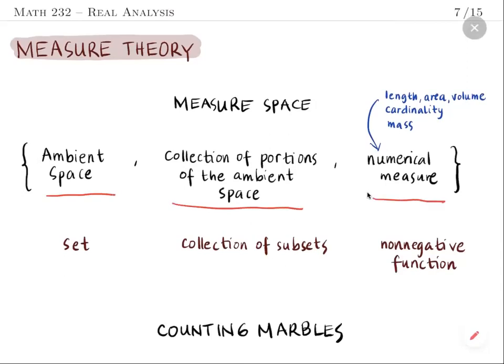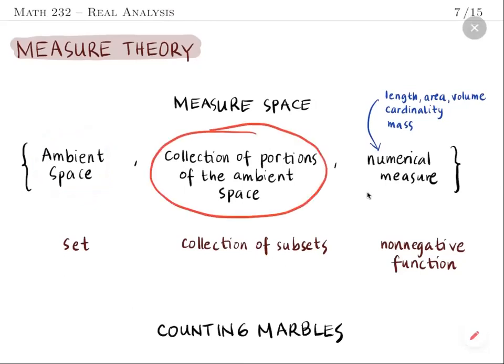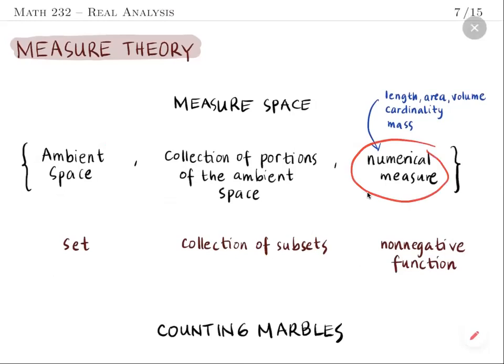The first part would be the ambient space, where the objects or the points are located. The second component would be the collection of portions of this ambient space. And the third component is what we call the numerical measure. So the ambient space, the collection of portions of the ambient space, and the numerical measure would comprise what we call a measure space.